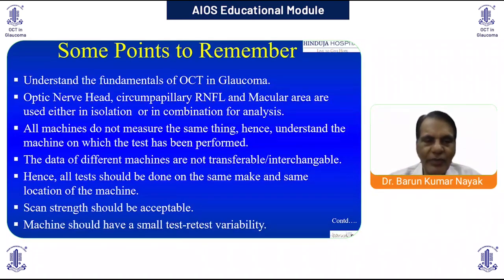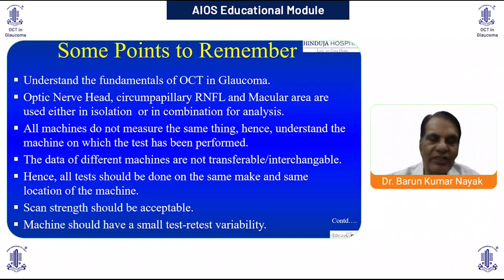Therefore, all tests should be done on the same make and same location of the machine, so that our baseline reading as well as all follow-up readings are on record. Whenever we see a scan, the scan strength should be sufficient. The quality of a scan should be good, otherwise there is no point interpreting it.